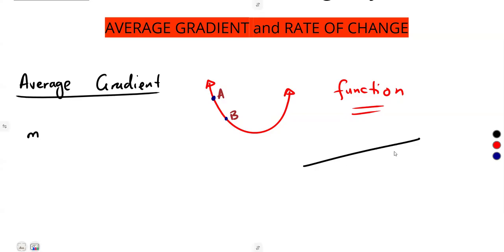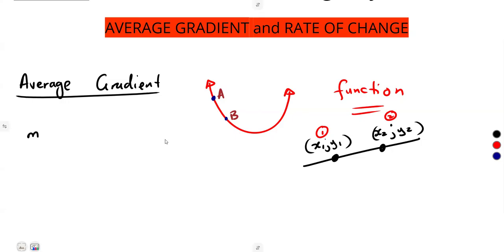So let's say I've got a straight line like this. You're going to need a point and another point. One of these points will be called x1, y1. The second one is going to be x2, y2. So we've got point 1, x1, y1. Point 2, the x value is going to be x2, y is going to be y2 because it's the second point.